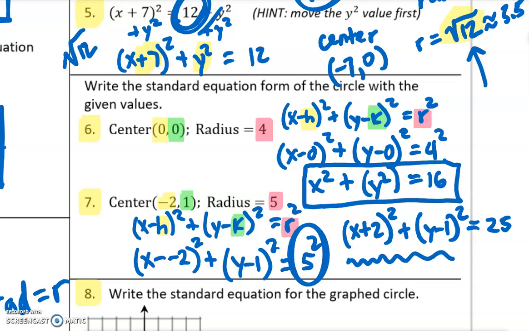And that, ladies and gentlemen, is the equation of a circle that has a center at (-2, 1), h and k, and a radius of 5, right? Notice how the radius is always the square root of this number. So if you see 25, that means the radius is 5, because the square root of 25 is 5.